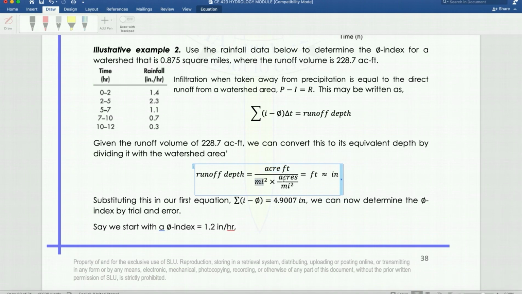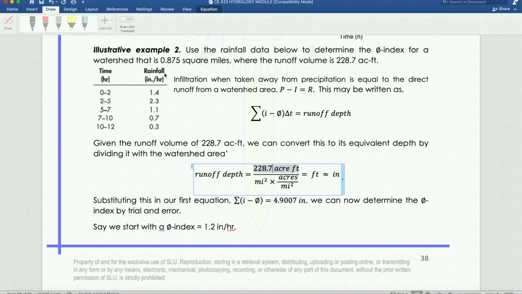So what is our runoff volume? Our runoff volume is 228.7, and that is in acre feet, divided by the area of the watershed.